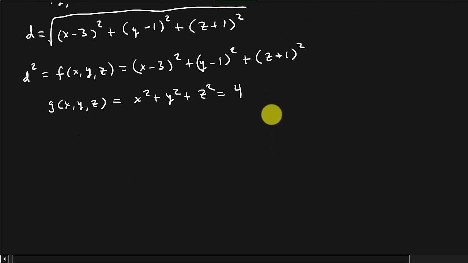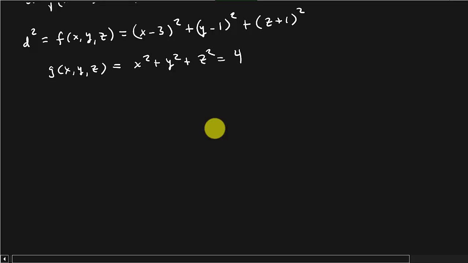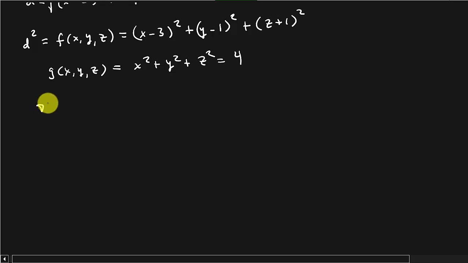All right. So let's see what we have here. So remember, we have gradient of f is equal to lambda times gradient g. And that's going to give us the partial of f with respect to x equals lambda times partial of g with respect to x.